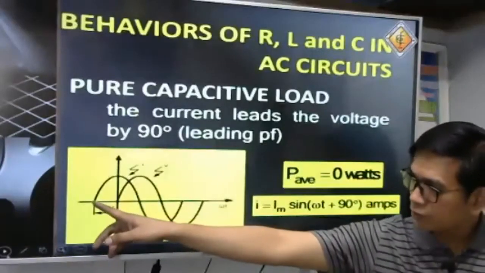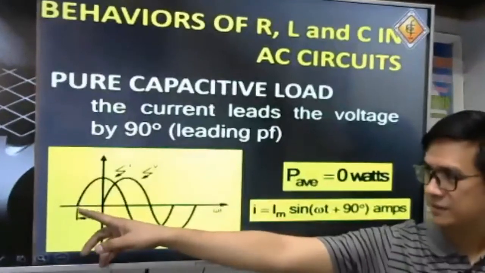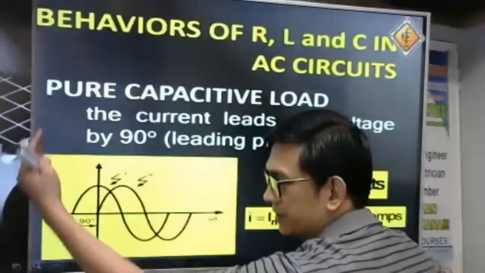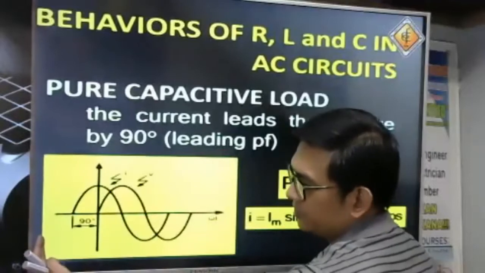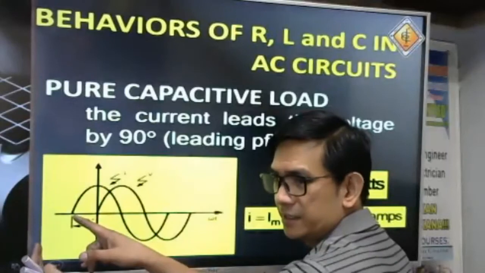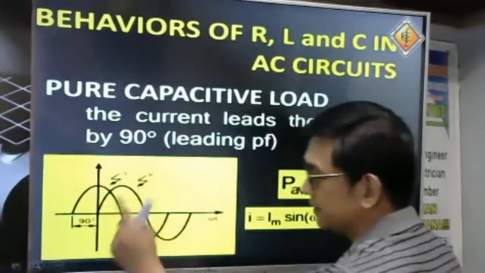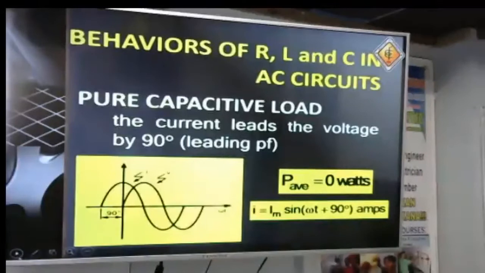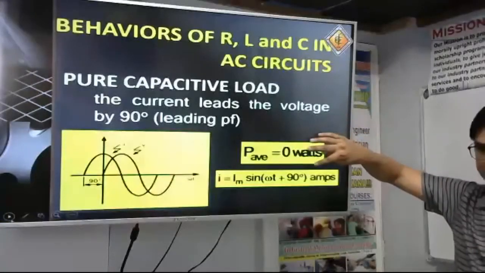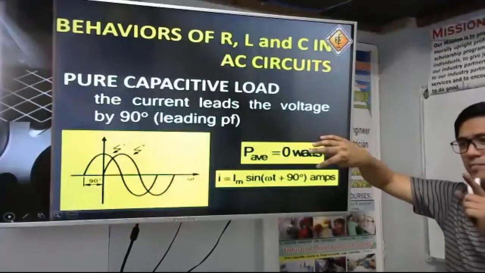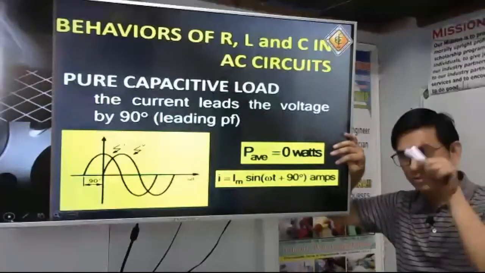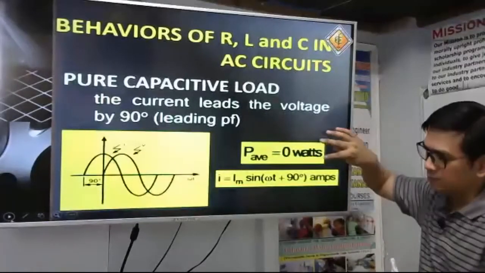So, you see, nauuna, no? I leads. Okay? If this is the finish line, always on the left side, okay? Sino mas malapit, no? Nearer. Current is nearer to the finish line. Okay? So, therefore, I leads V by 90 degrees. Again, the average power for pure capacitive load is 0 watts. Always remember that only resistive elements consume watts. Resistors, only resistors consume watts.